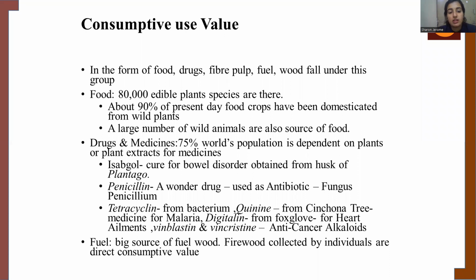Examples are isabgol, penicillin, and tetracycline. When we talk about fuel, of course, a big source of fuel is wood, which we can directly get from biodiverse areas. So firewood collected by individuals is of direct consumptive value.